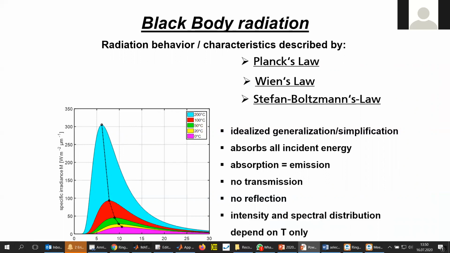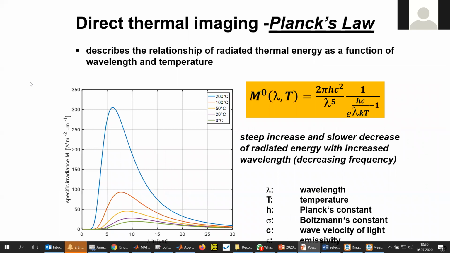It means that the black body absorbs all incident energy, that all absorbed energy is emitted, that there is no transmission through the object, and no reflection at the surfaces. The intensity and spectral distribution only depend on the black body's temperature. There are 3 formulations that can be used to describe this radiation behavior. It's Planck's law, Wien's law, and Boltzmann's law, and I will go through all 3 of them.